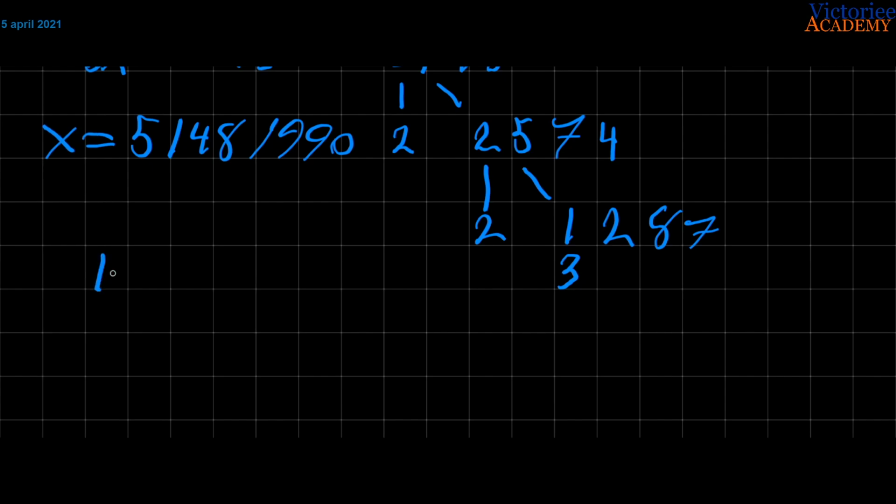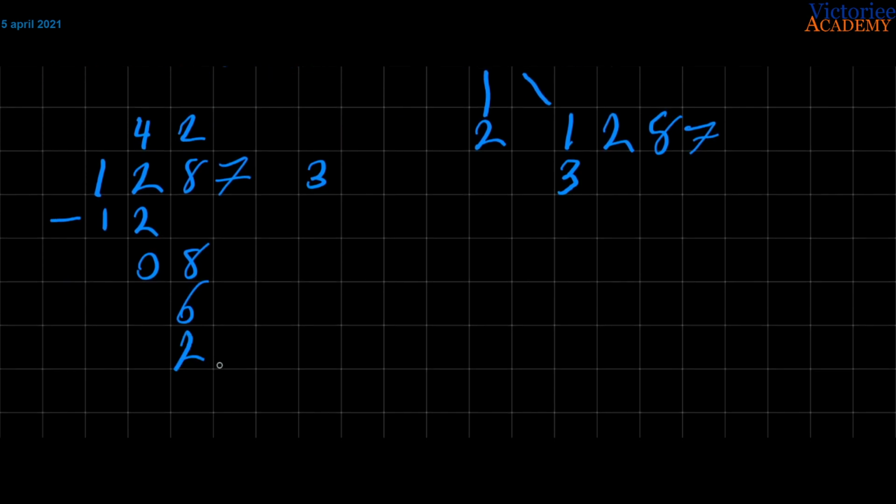I just like it. 1,287 divided by 3. So 3 fits in 12 4 times, and it fits in this 2 times, and we get 27 down there. And then it fits in there 9 times.